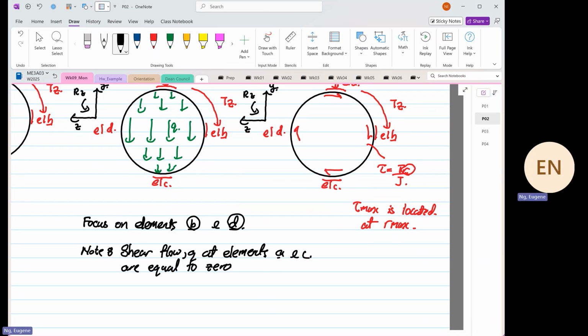Are equal to 0. Okay. So now let's focus on element B.